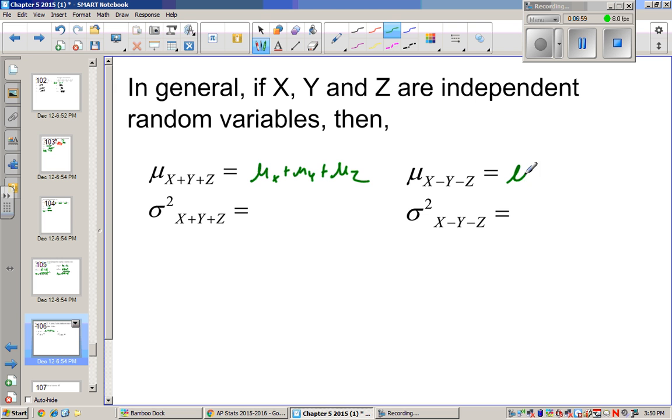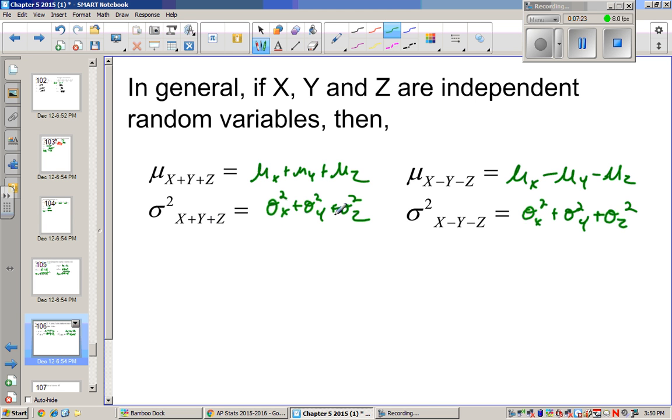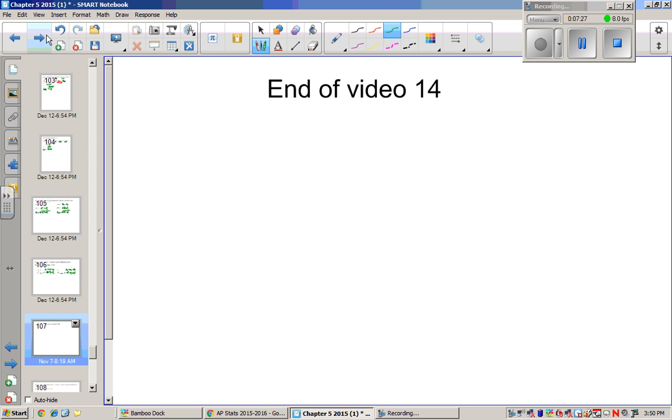When we subtract them, and when we do the variance of x plus variance of y plus variance of z, here we're also going to add those variances of x, y, and z. And the standard deviation, we could write that formula, but it's just this, and we're going to square root it. All right, hopefully that's enough to do any work.